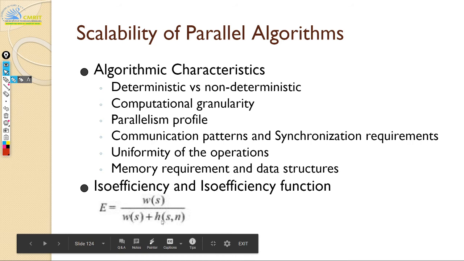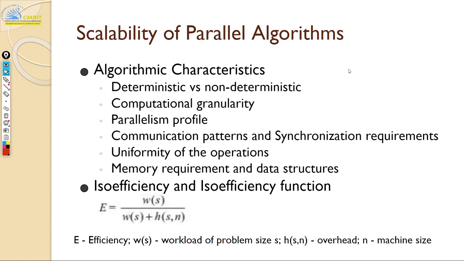Here h of s comma n is your overhead, s is your problem size, like a 1,000 by 1,000 matrix, and n is the number of processors, processing elements, you're using.